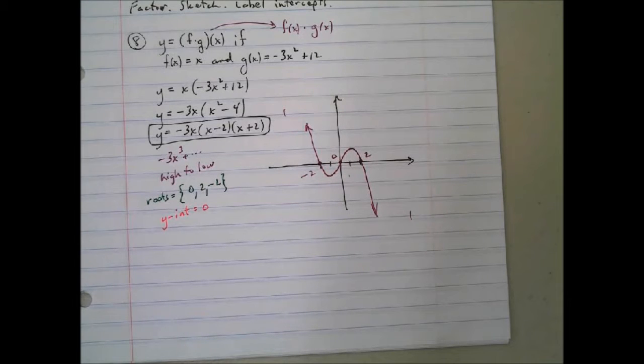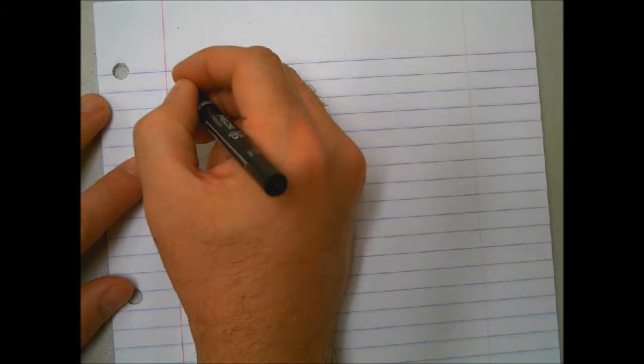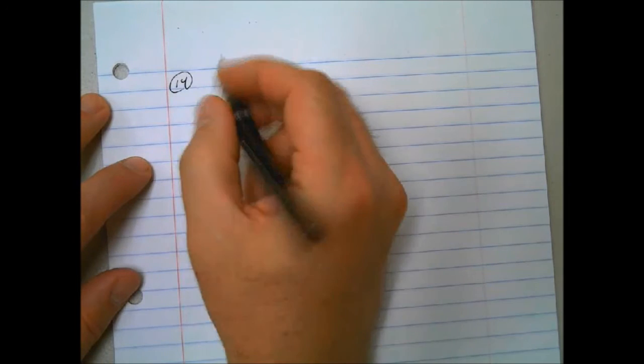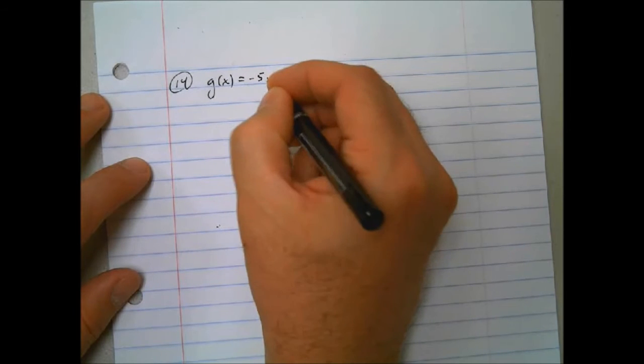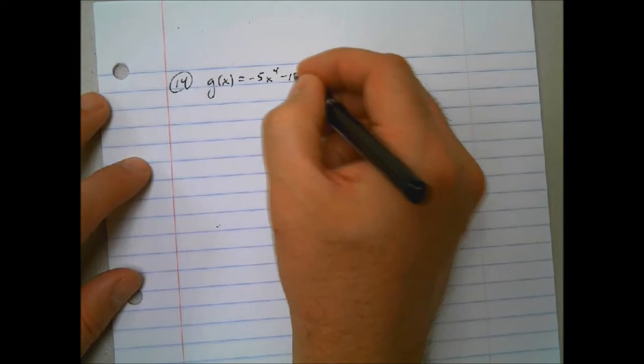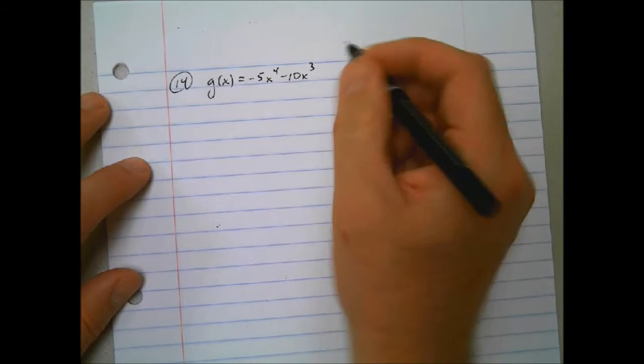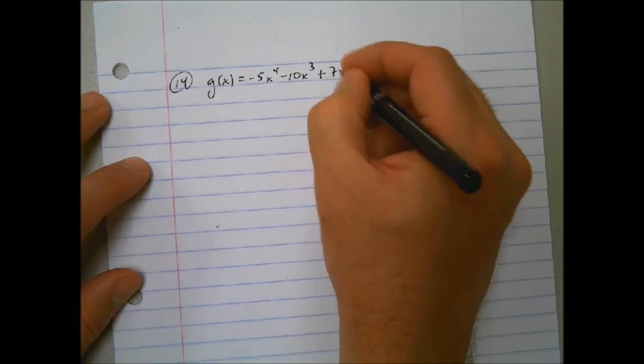Okay, let's also try number 14. g(x) equals negative 5x to the fourth minus 10x to the third plus 75x squared.